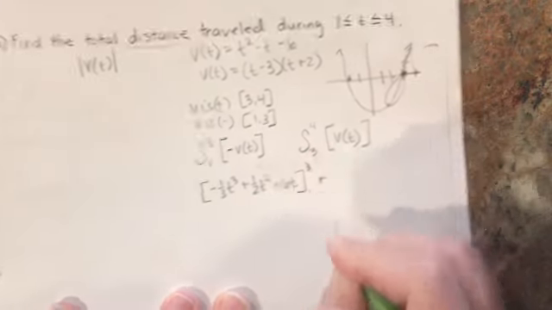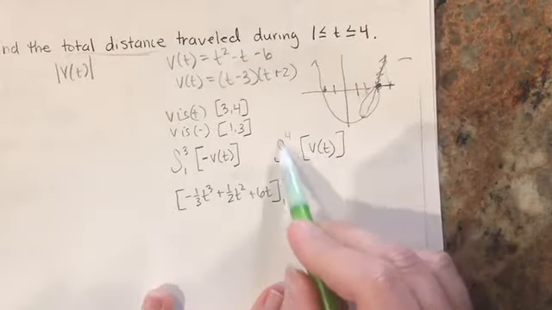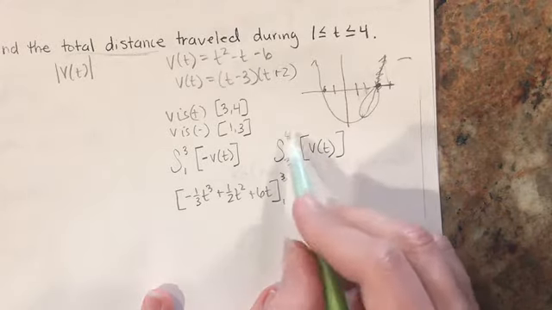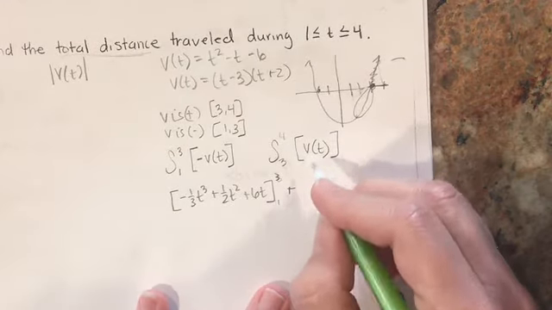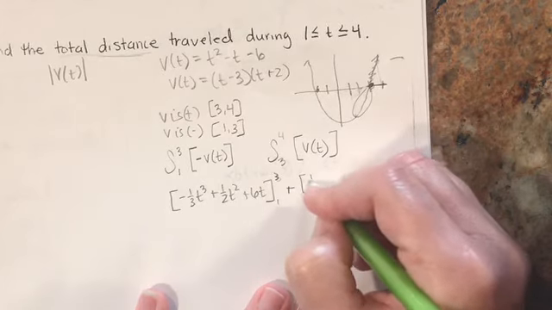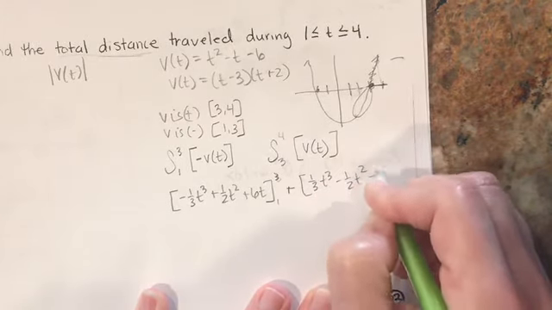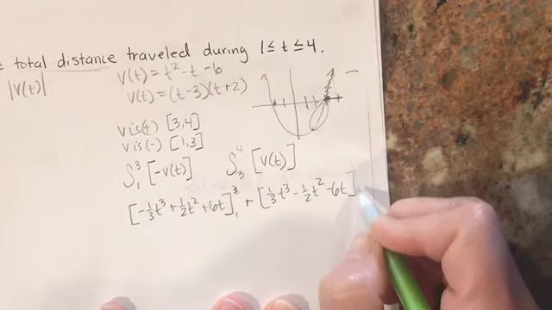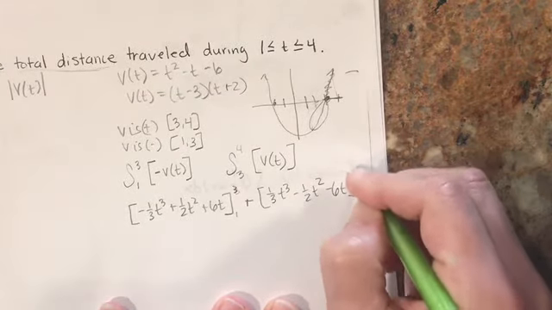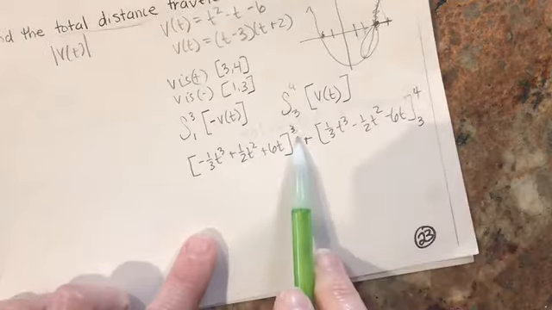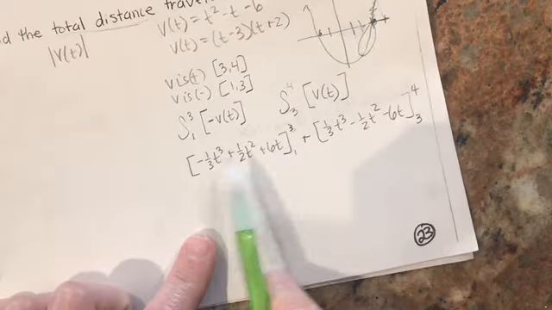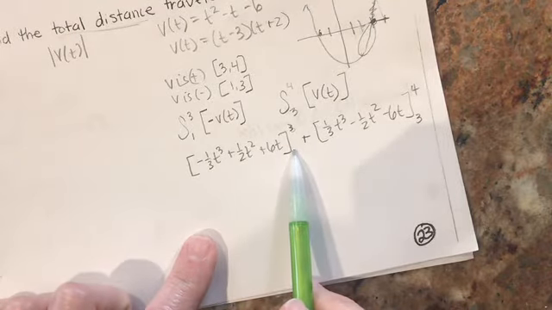And then we're going to add to that the integration of the velocity from 3 to 4, leaving it exactly what it is, using it as a positive 1/3 t cubed minus 1/2 t squared minus 6t, and we're going to evaluate that from 3 to 4. So again, you would plug the 3 in, plug the 1 in, and subtract those answers.